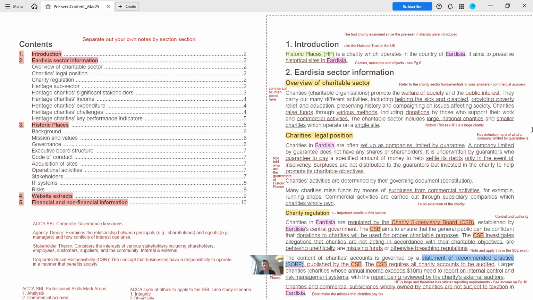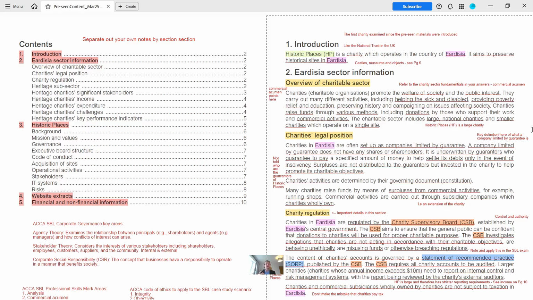So if you're a charity in ACCA, like any other country, it's the welfare of society, public interest, sick and disabled people, helping them out, providing poverty relief, education, preserving history, a variety of different things that affect society, and campaigning to help it get better.